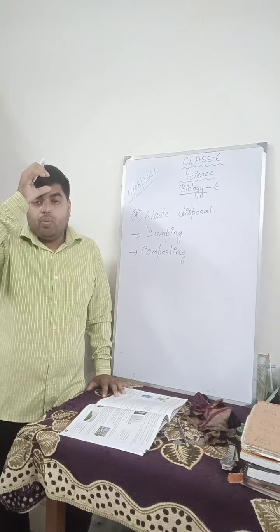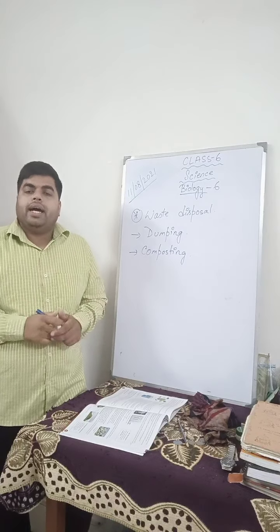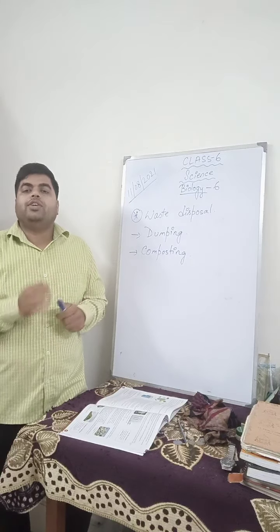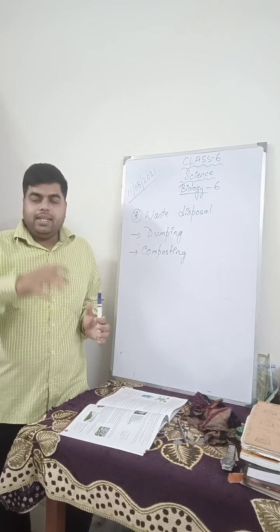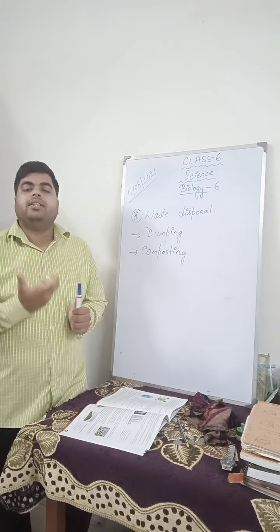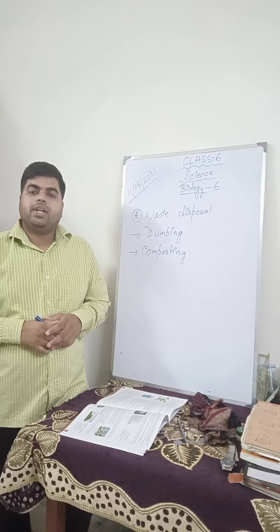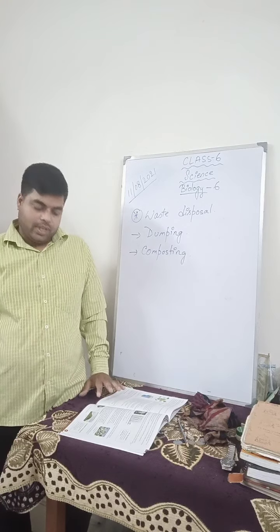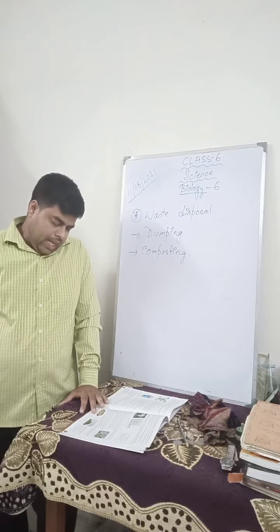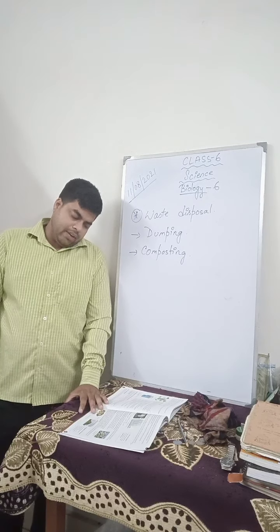After that, when this gets rotten, the waste turns into manure or fertilizer, which is used as fertilizer and provided to the cultivating ground. These pits are then covered with soil and left for some time.